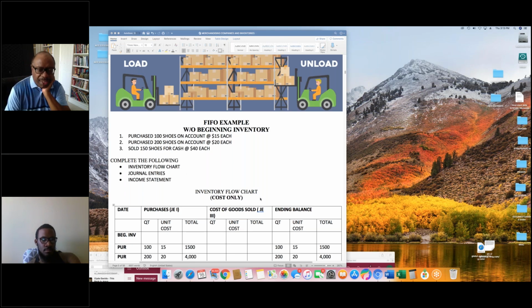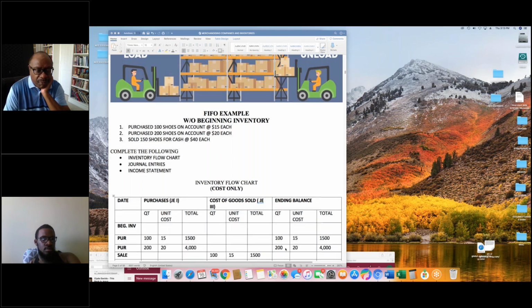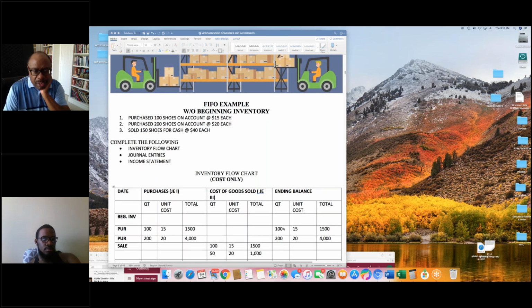So how many do we have to sell? 300 in stock, selling 150 of them. So we sell the old ones first, the 100 at 15, and so we sell all of these. Then we sell 50 of the new ones that cost 20.